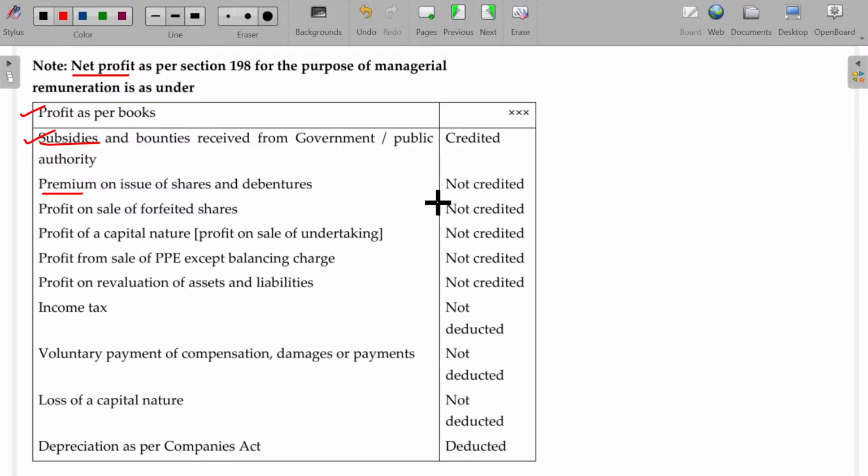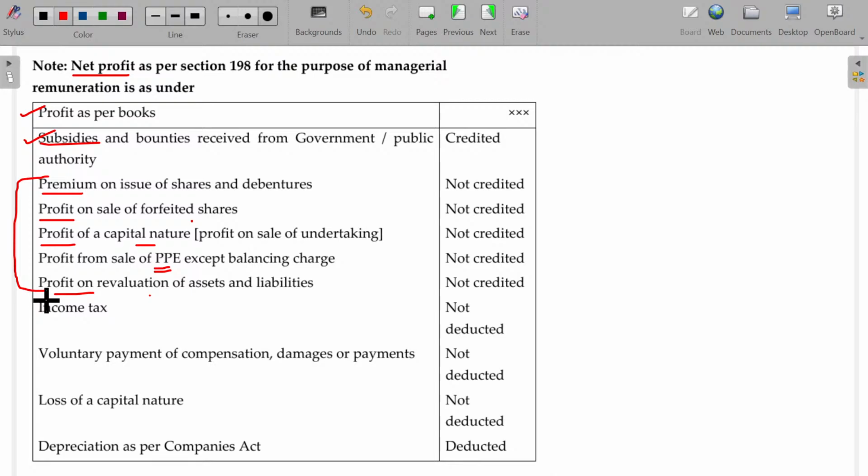No, so it is not credited. Profit on sale of forfeited shares is also not related to the business operation. Any profit not related to the business operation should be removed. Any profit of a capital nature should be removed. Profit from sale of property, plant, equipment will also be removed, and profit on revaluation of assets and liabilities should be removed. All these things are not related to regular business operations.